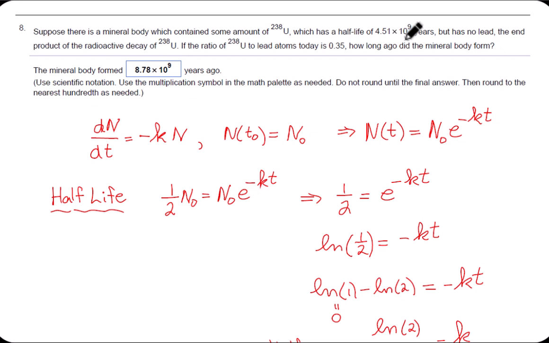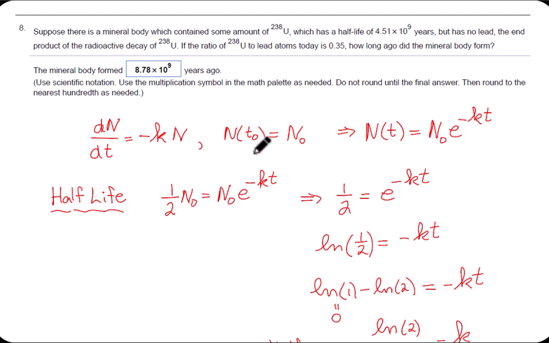As it decays over time, it's going to produce lead. So if the ratio of uranium to lead today is 0.35, how long ago did the mineral body form?